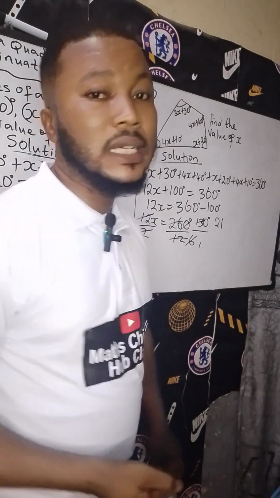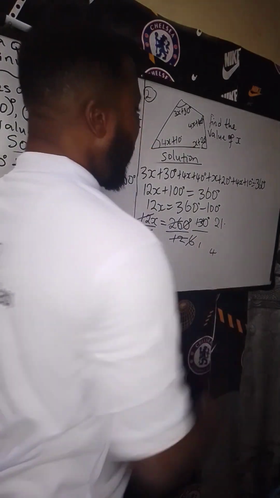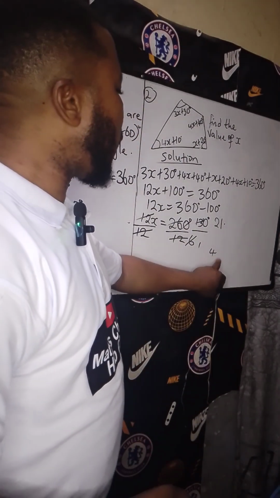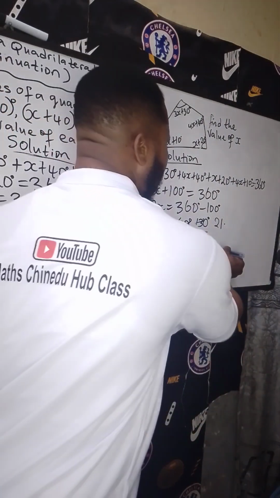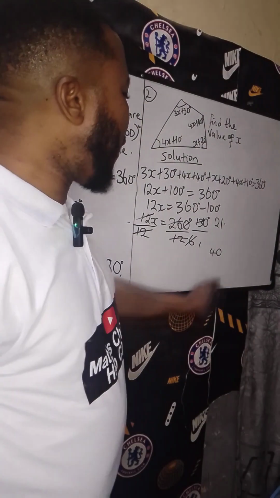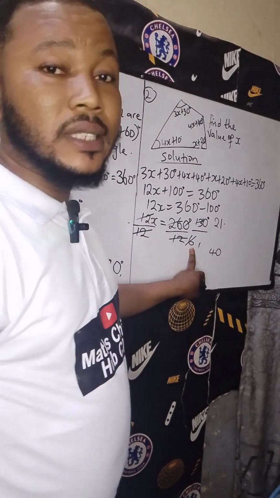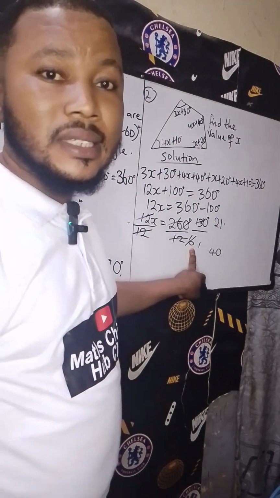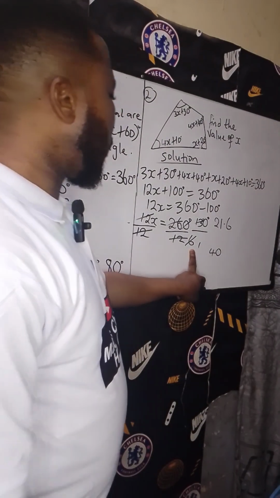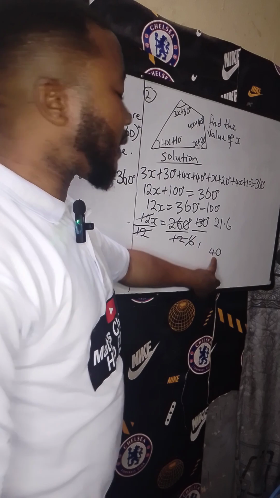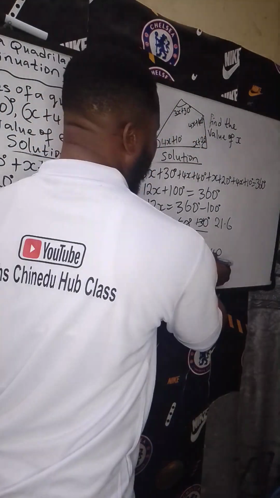We can take the answer to decimal. We put our point here. Remember, it's remainder 4, and 4 divided by 6 is not possible. That is why we put the point here and add 0, and we are left with 40. 40 divided by 6 is 6 times, because 6 times 6 is 36. So we put our 6 here. 40 take away 36, we are left with 4.